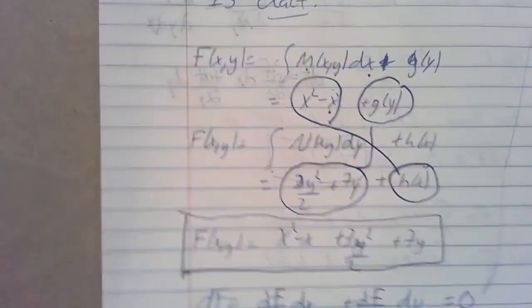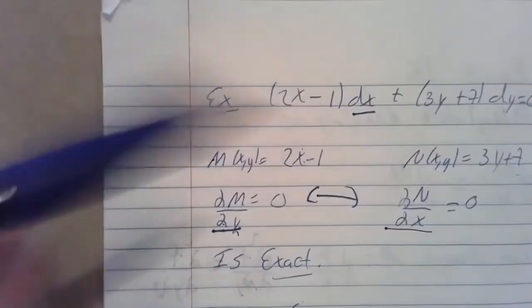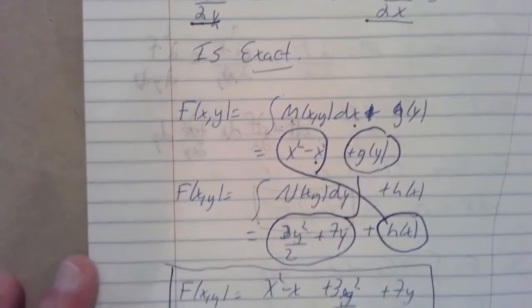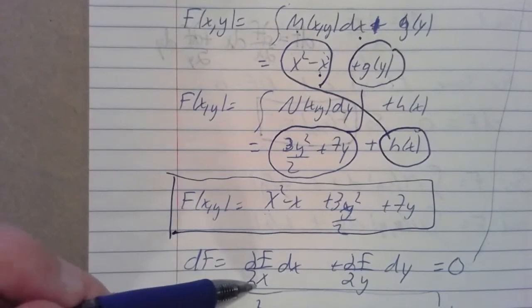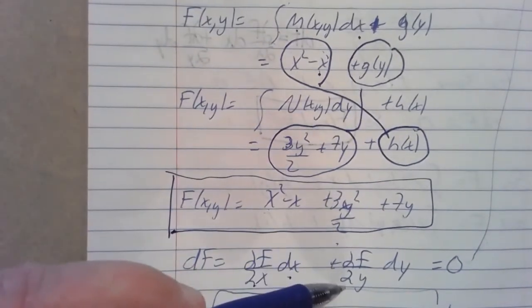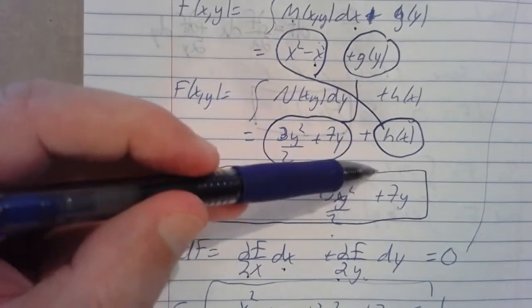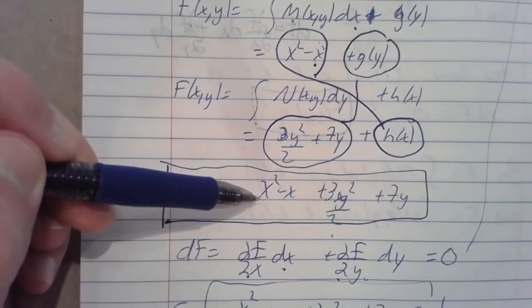Now the whole key to exact DEs is this: what we wrote here is the differential of f. You should check that on your own. Take the differential. Remember, the differential is partial with respect to x dx plus partial with respect to y dy. So pause the video, write down this function, take his differential.